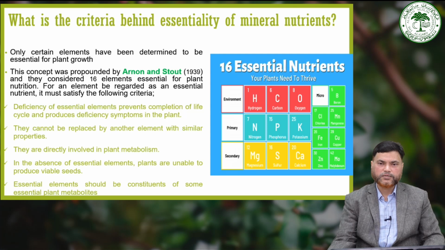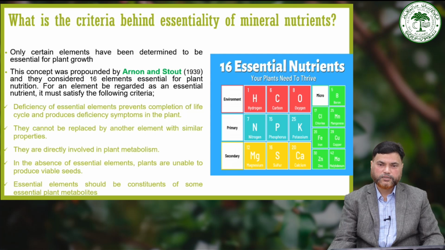Next criteria is that essential elements cannot be substituted by another element with similar properties, and the essential element plays direct roles in plant metabolism. In the absence of essential elements, plants are unable to produce viable seeds.